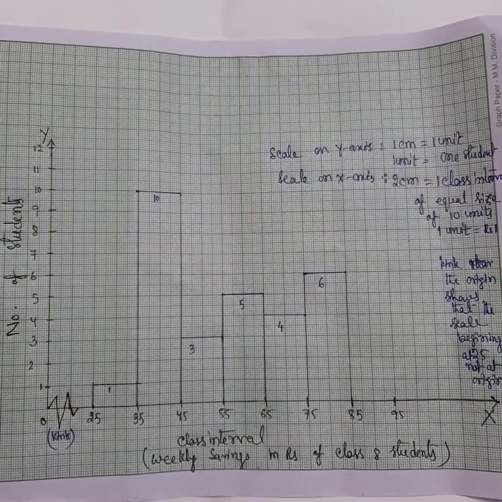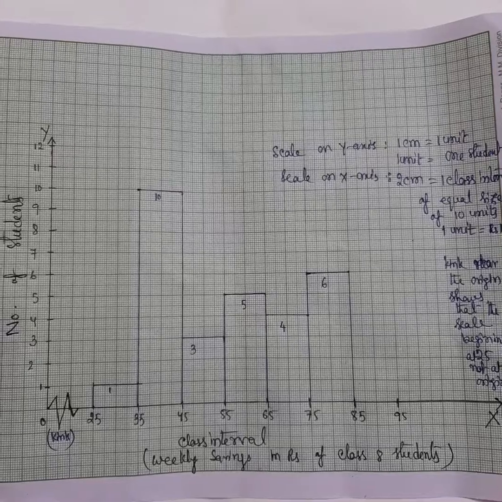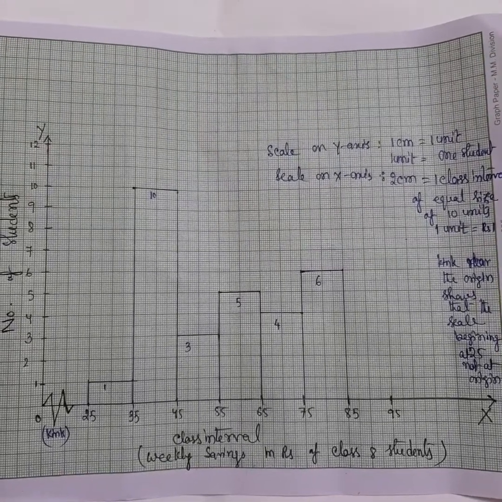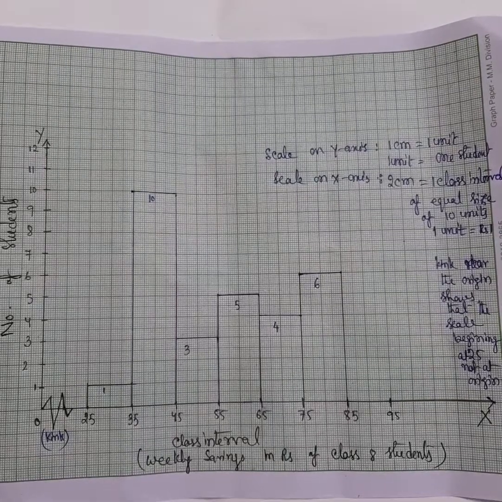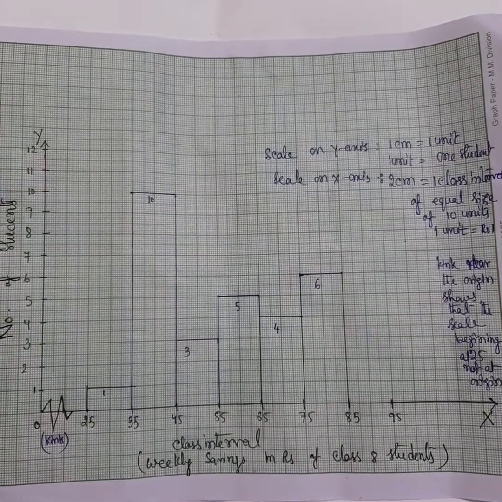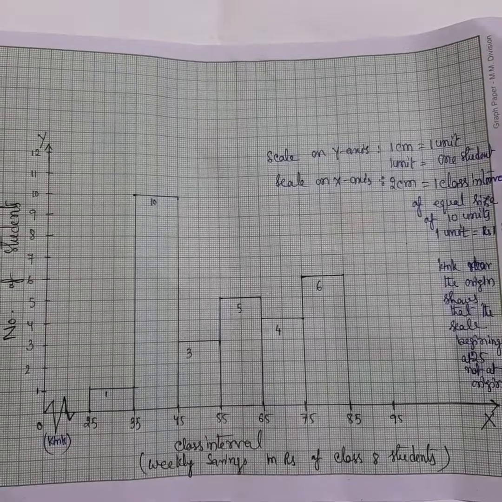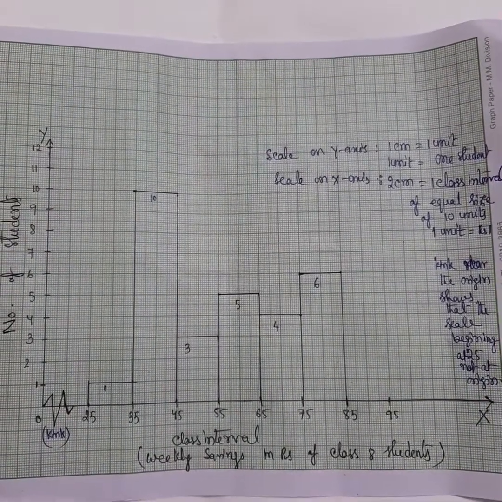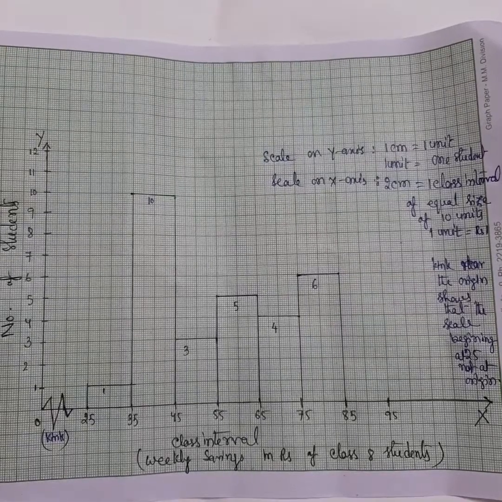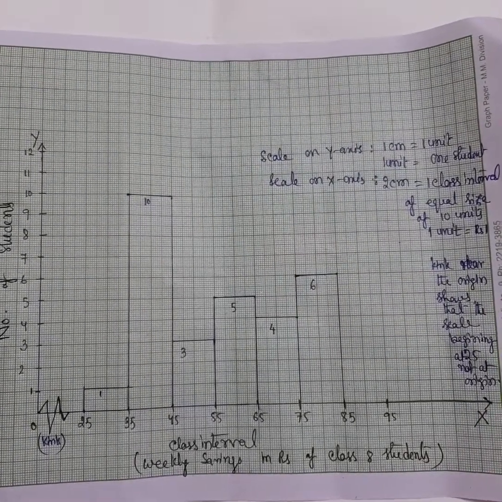This graph paper shows the histogram which represents the weekly savings in rupees of 29 students of class 8. With the help of graph paper we can easily show the required histogram, which is shown here.